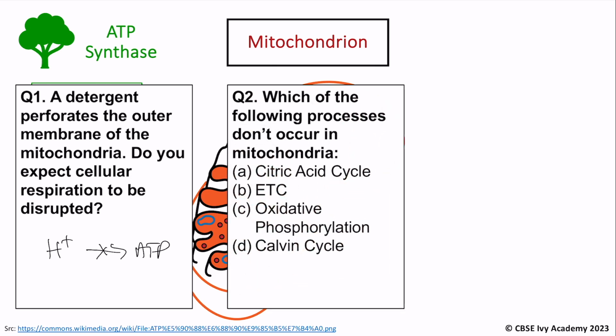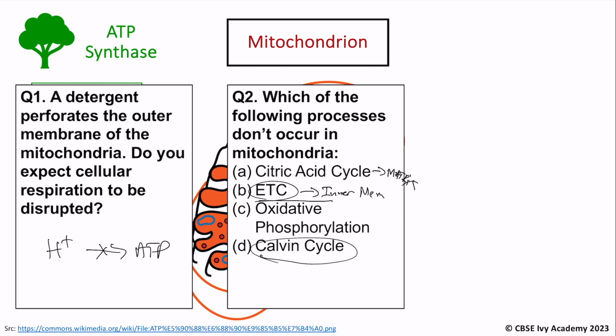Which of the following processes does not occur in mitochondria? The citric acid cycle, the electron transport chain, oxidative phosphorylation, or the Calvin cycle? The answer is the Calvin cycle. The citric acid cycle occurs in the matrix. The ETC is embedded in the inner membrane.